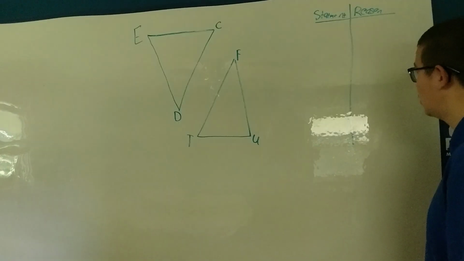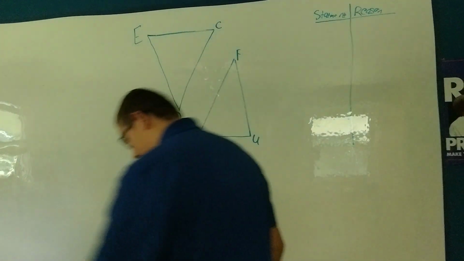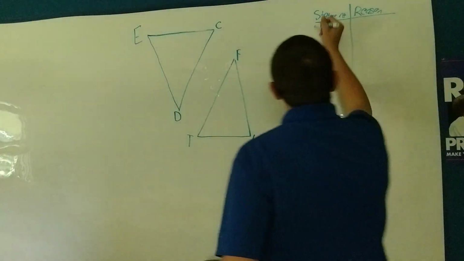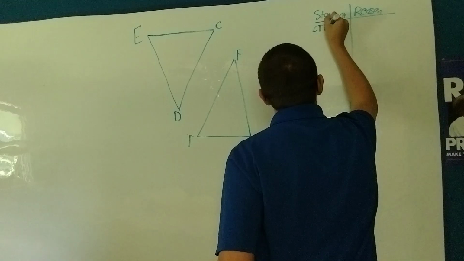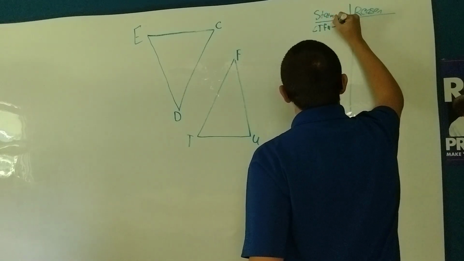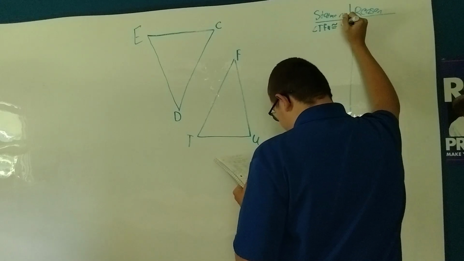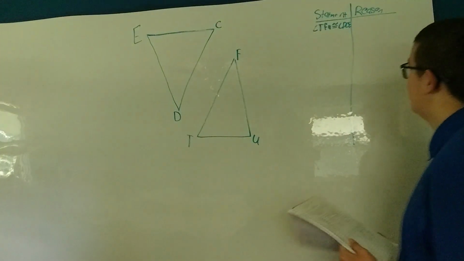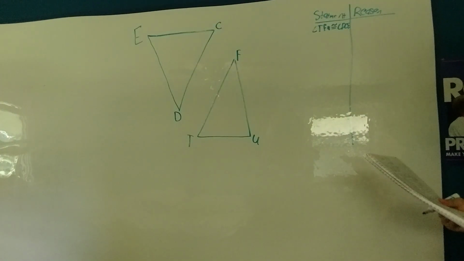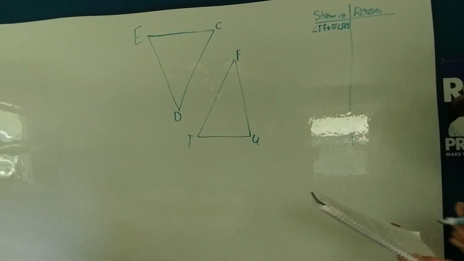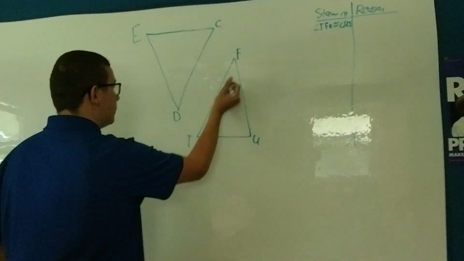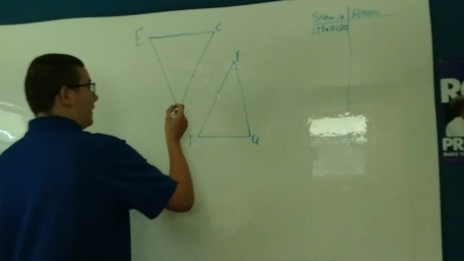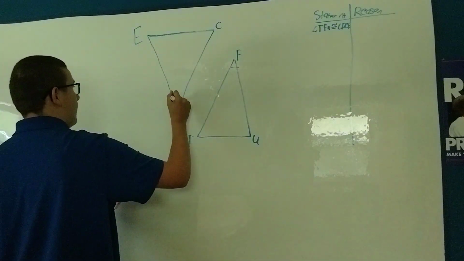Again, you're using this a lot. And we are given that angle TFU is congruent to angle DCE. Like that. So I kind of ran out of space there. And what that would look like is angle TFU, so this right here, is congruent to angle CDE, right there.